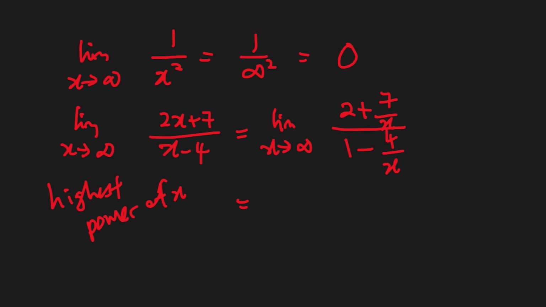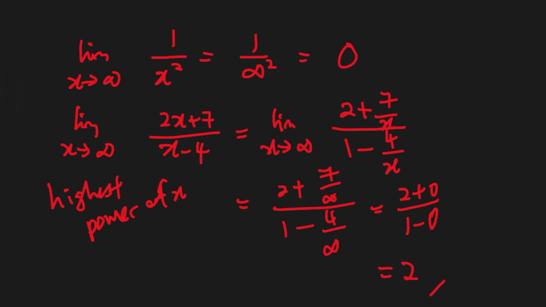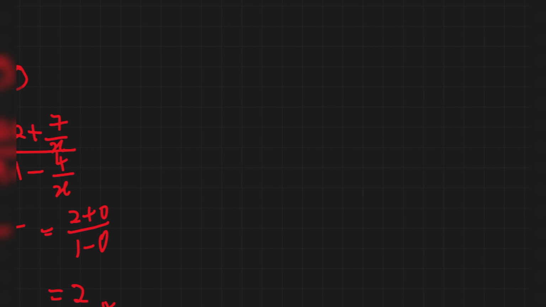You're going to end up with this expression here, and I'm going to practice the same thing, that is substitution of the x value. Here in this case is infinity, so we're going to just put infinity into every expression. Okay, and we're going to end up having this, so the final answer will be 2.